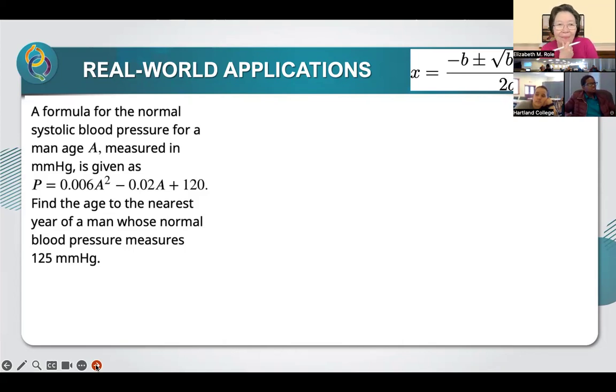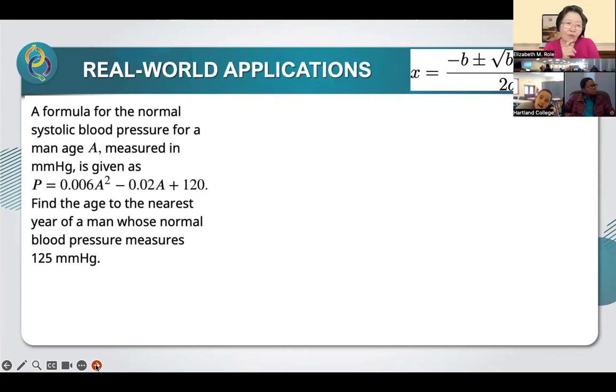And so they made this equation, P is equal to 0.006 A squared minus 0.02 A plus 120. Your P is the pressure, the systolic blood pressure.